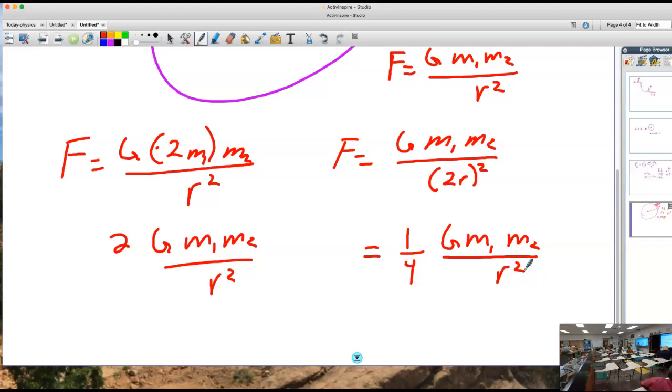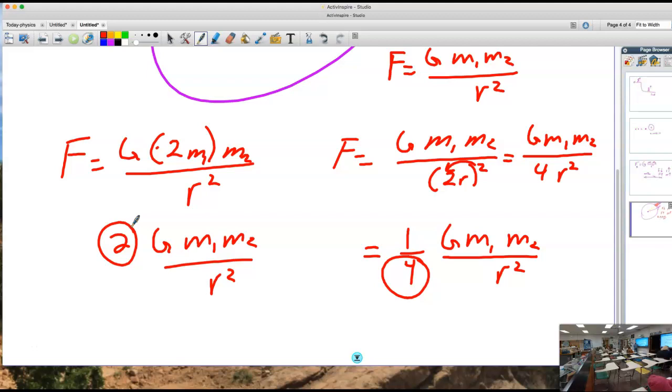Because we squared the 2, this really becomes over 4r squared, right? So this changes by 4 times, or a fourth, and this changes by 2. So which one affects it the most? Is the mass affected the most? It's 2 times, this is 4 times. Also, that's radius. Does that make sense?